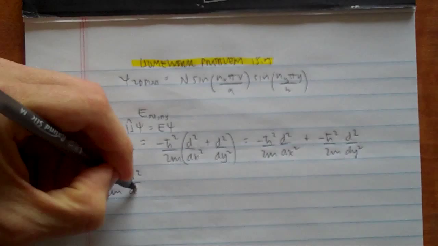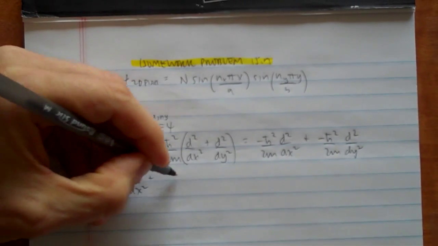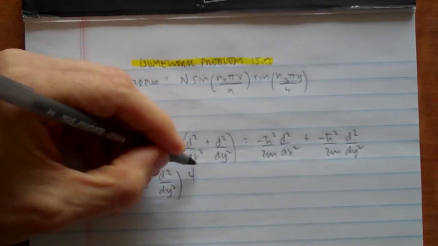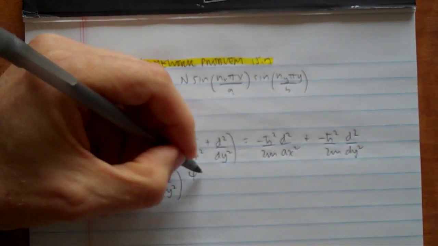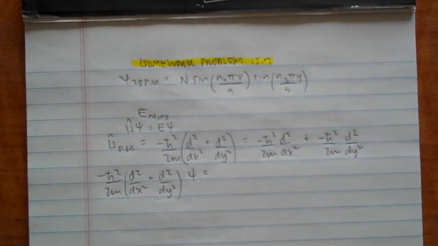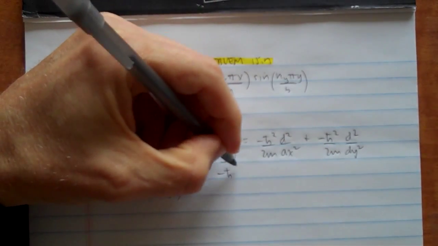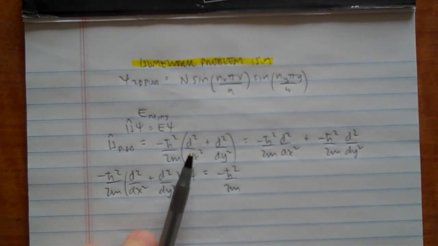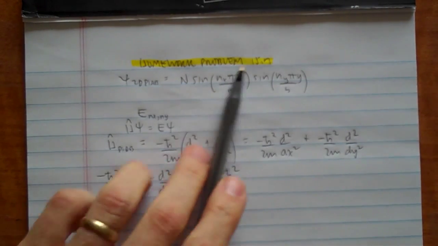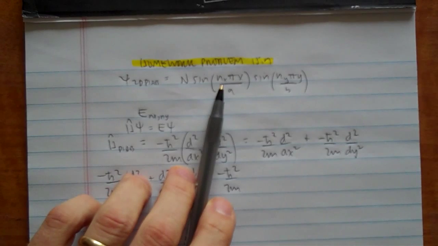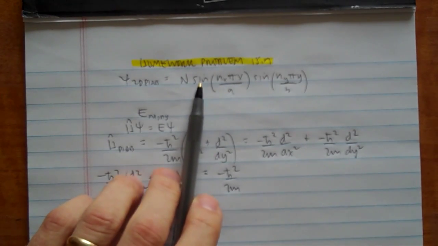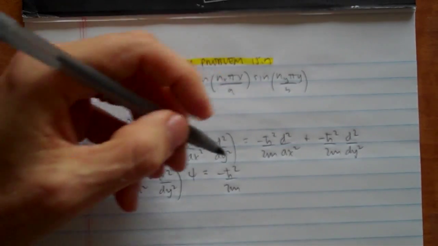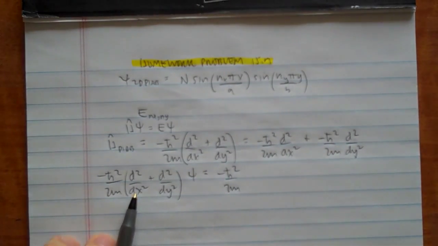Second derivative of psi is going to give us minus h bar squared over 2m. Now, when you take the derivative with respect to x of this whole thing, all it's going to do is differentiate that. It doesn't do anything to that, of course, or of that. So let's take the second derivative of that.